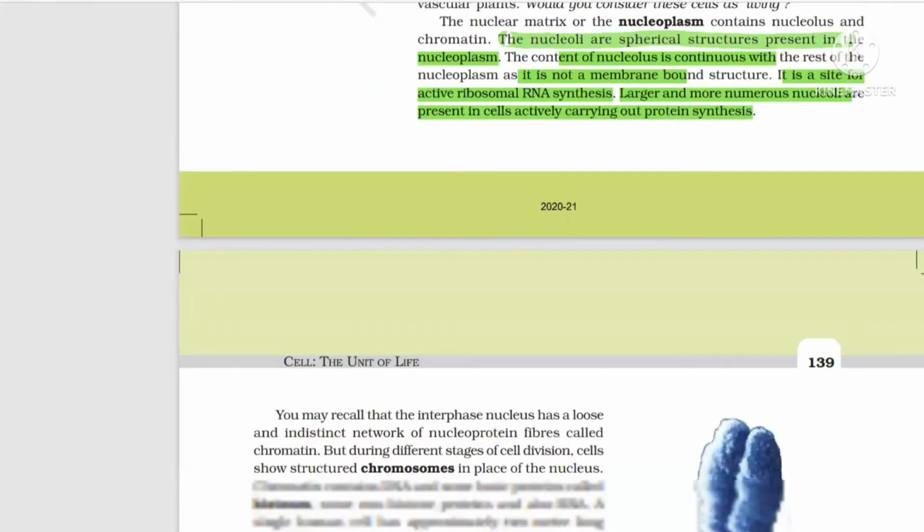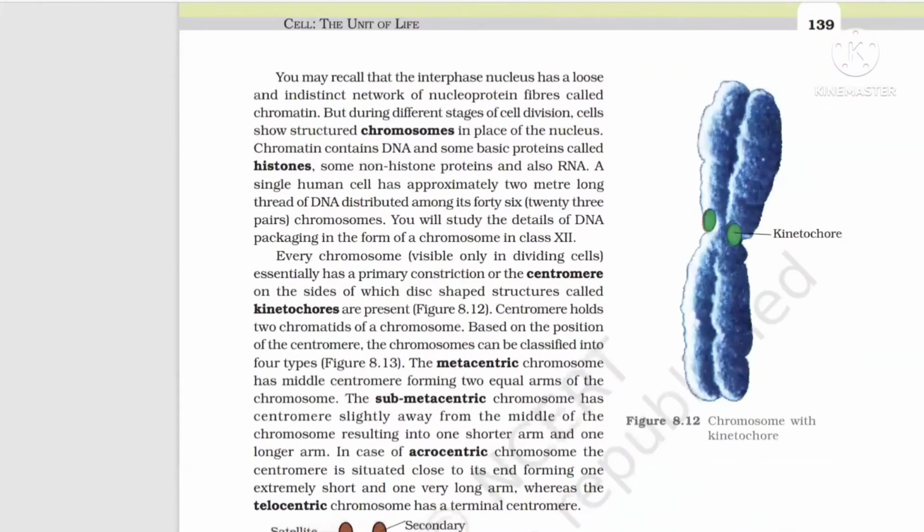See this line carefully. The interphase nucleus has a loose and indistinct network of nucleoprotein fibers called chromatin, but during cell division, you will find chromosomes in place of the nucleus. They are framing the line this way and the student is getting confused. During cell division, you find chromosomes in place of the nucleus. Yes, it is true, because the nuclear envelope, nucleus, everything disappears.